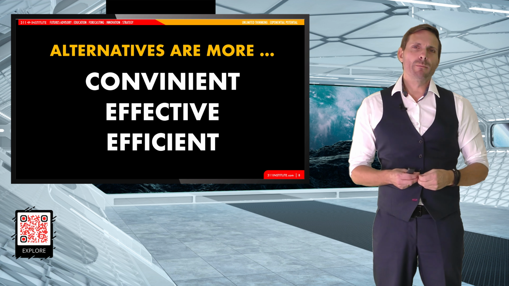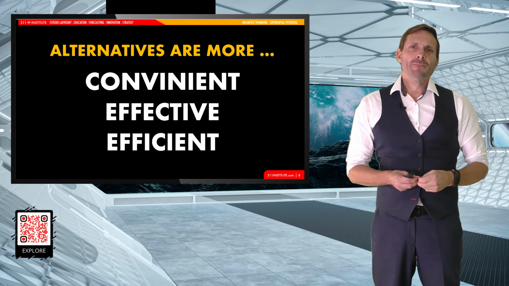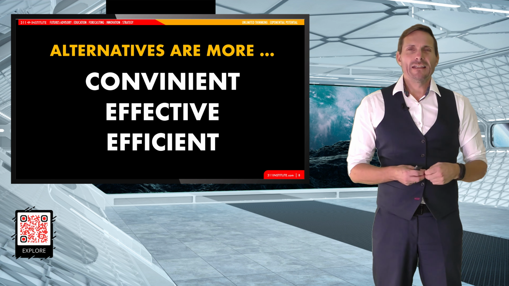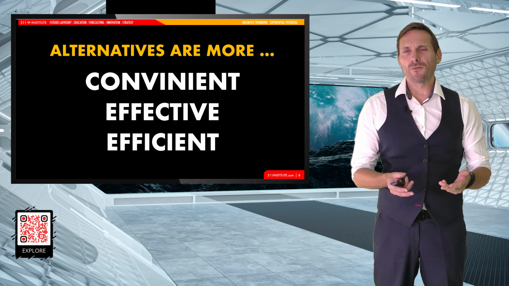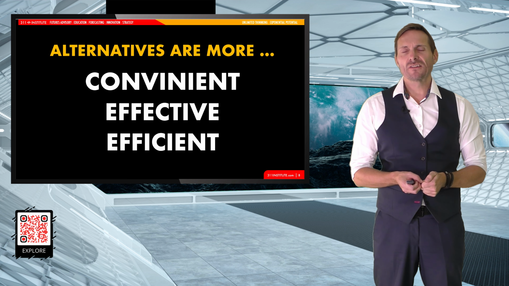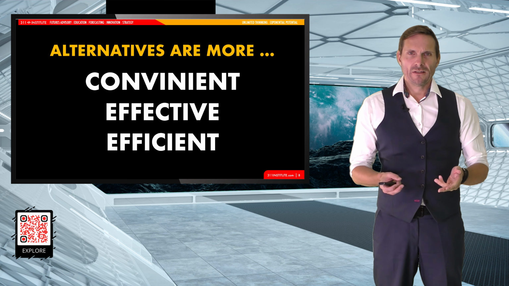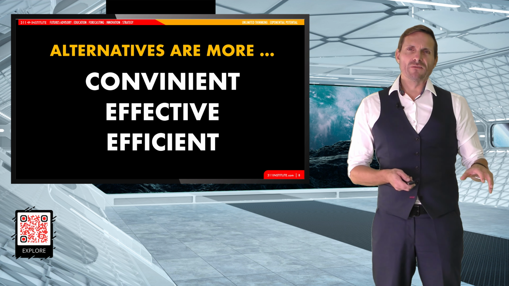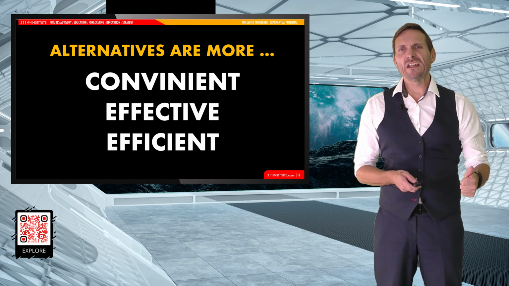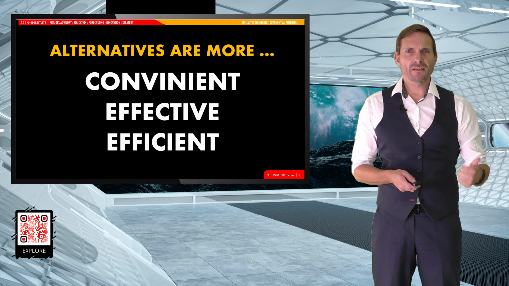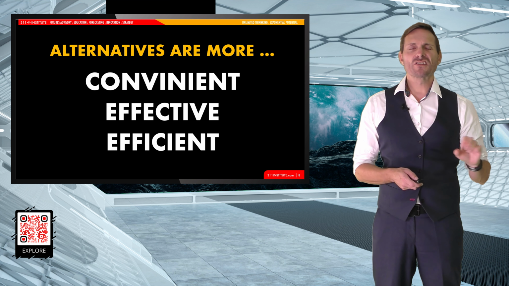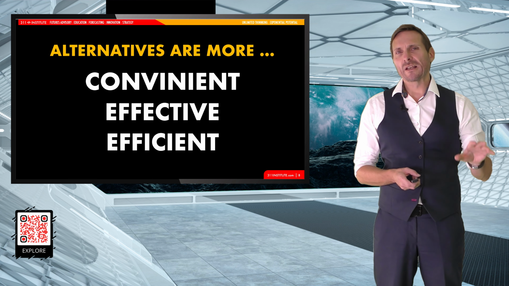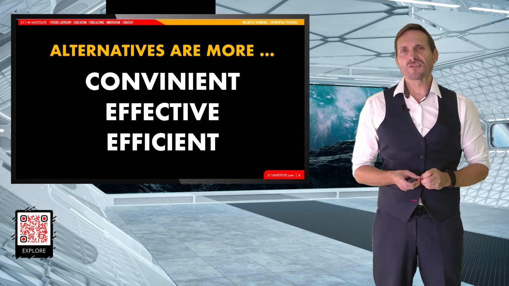For example, if the iPhone was not more convenient than what went before, if it wasn't easy to use and accessible, if you had to program your iPhone every single time you used it, you wouldn't bother using it. So replacement products and services have to be more convenient: easy to use, invisible or transparent technology, seamless, a frictionless customer experience, but also, from an enterprise perspective, frictionless use.